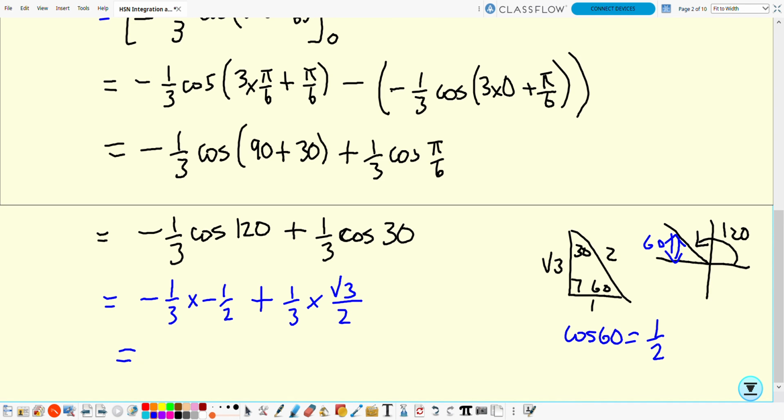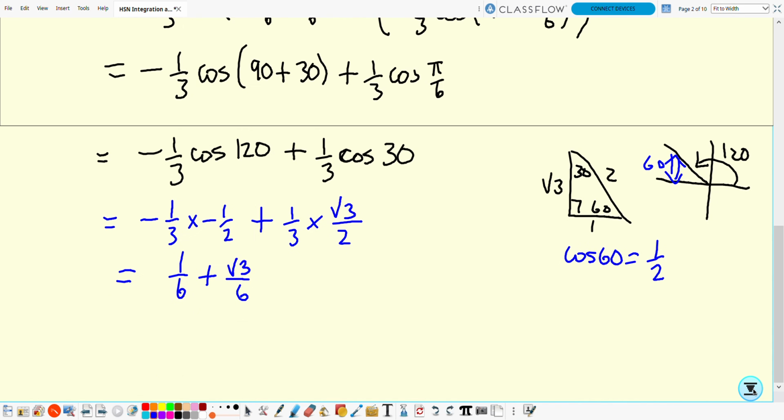So multiplying all that together, that's going to give us positive 1/6 at the front, plus this one here gives you root 3 over 2, 3 times 2 on the bottom there, which is 6. So what we end up with is both of these fractions are over 6. So we can just add the top terms together and write it all as a single fraction.